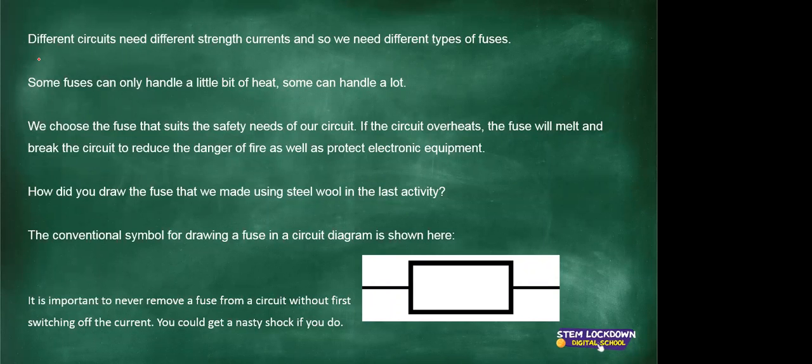Some fuses can only handle a little bit of heat, and some can handle a lot of heat. So we choose the fuse that suits the safety needs of the circuit. And if the circuit overheats, then the fuse will melt and it will break the circuit to reduce the danger of fire, as well as protect electronic equipment.